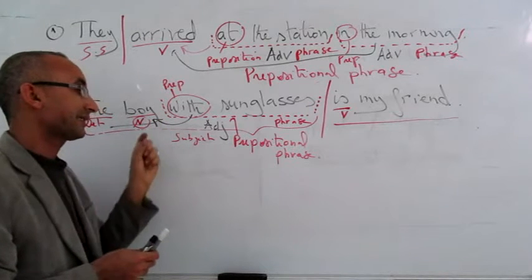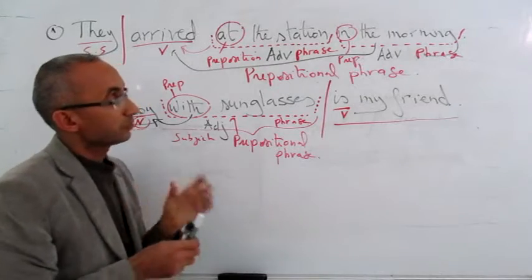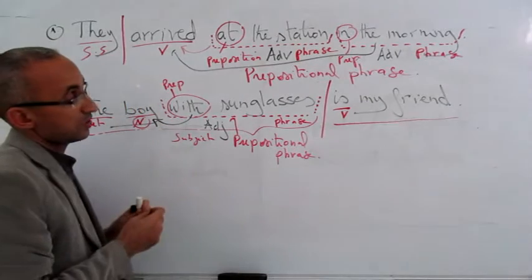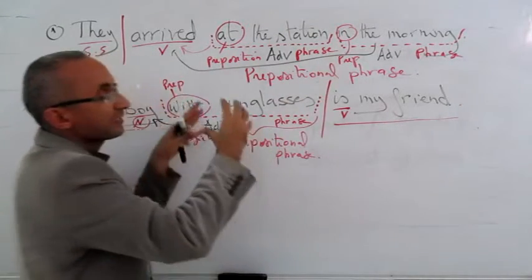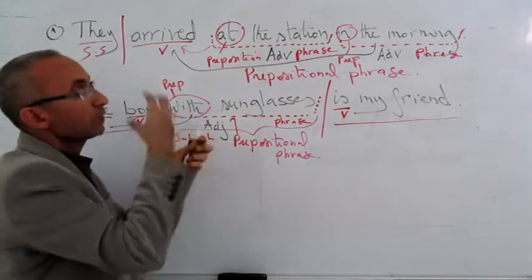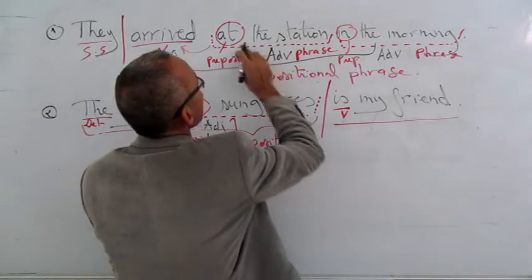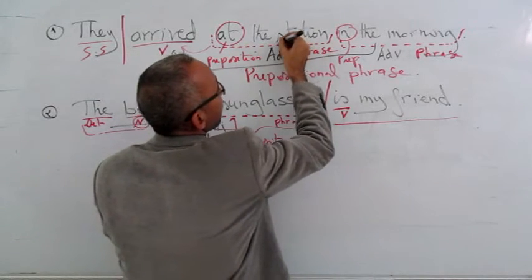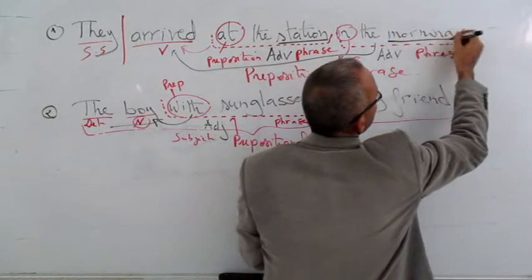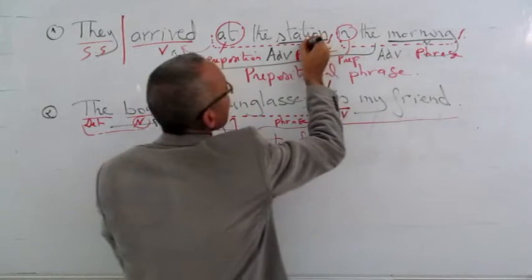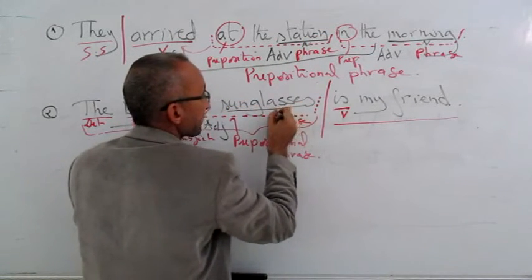Good. Now, after these prepositions and within these phrases, we always find what? A noun. At the station, noun station. In the morning is a noun. With sunglasses is a noun.